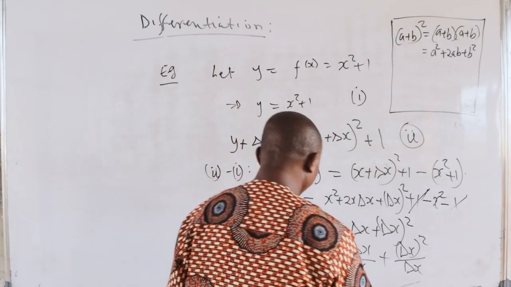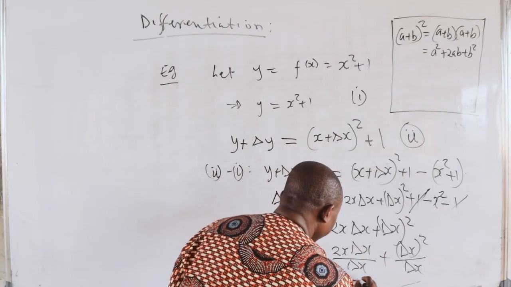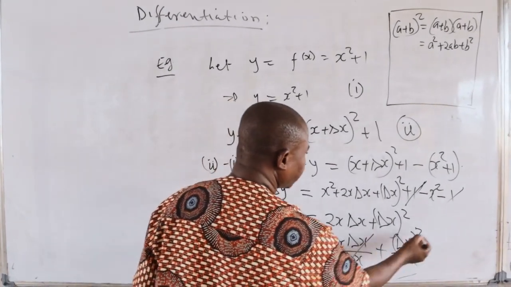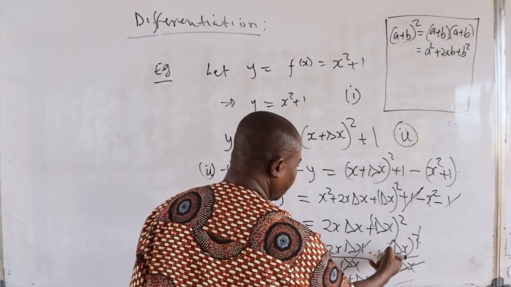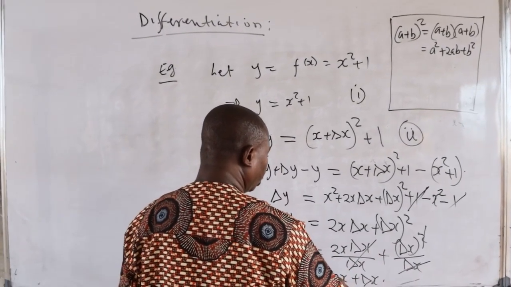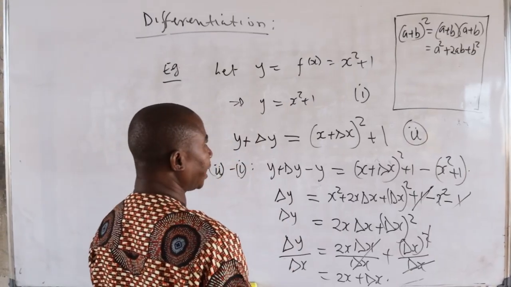Again, this leaves us with 2x plus change in x. Because this will cancel, one of these will go with this, we're left with that.